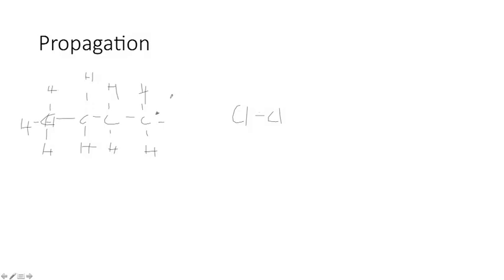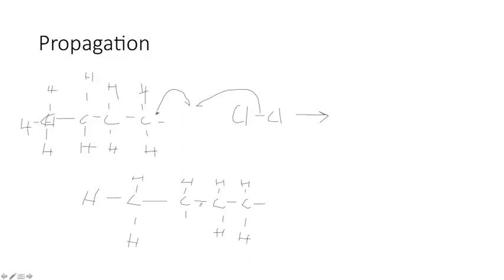So we're going to take this unpaired electron and one electron from this bond, and that is going to make us a bond here, which is going to show us our substituted chlorine group from here.